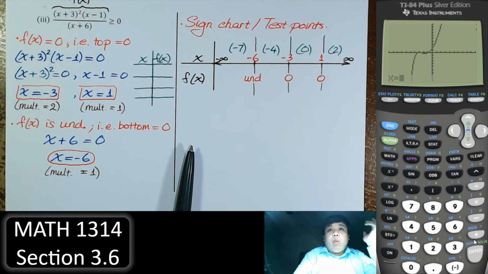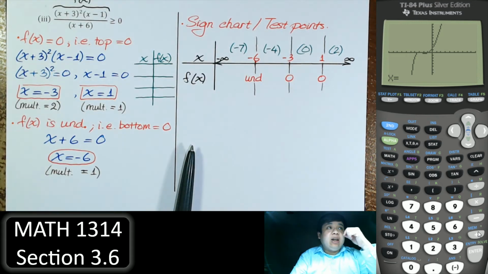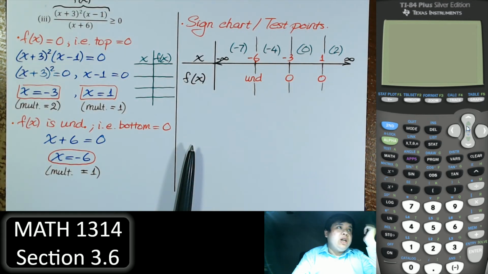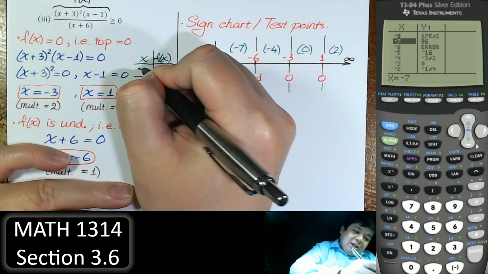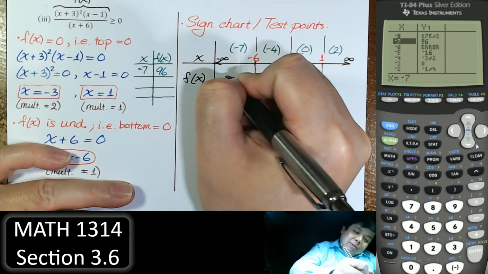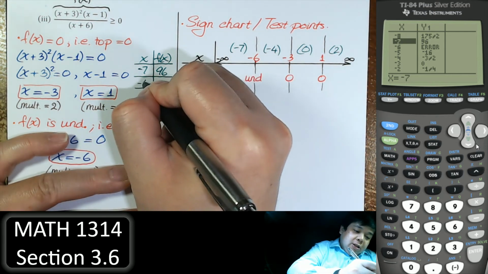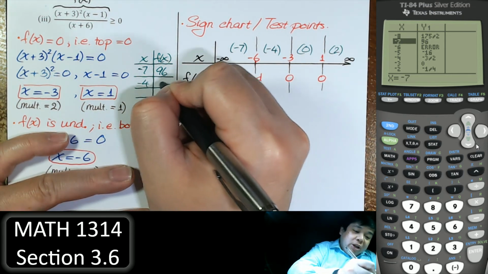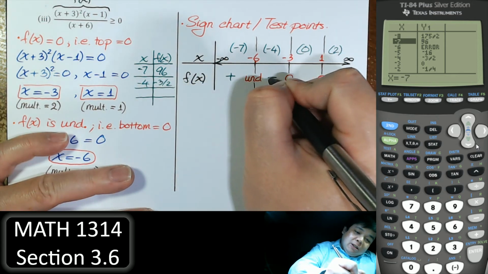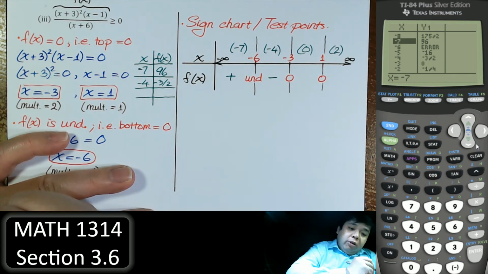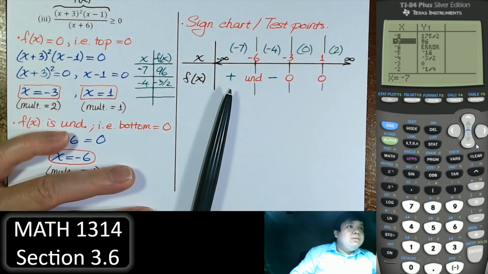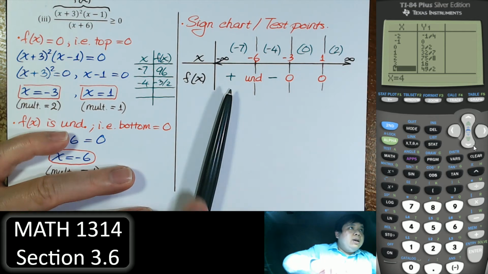Another way to get the values, if all of them are integers, just go to the table. Negative 7, that is 96. Negative 4, that is negative 3 halves. 0, it is 3 halves.